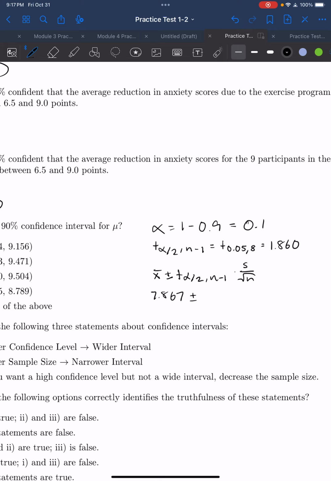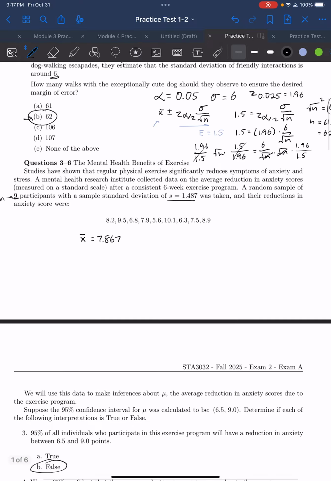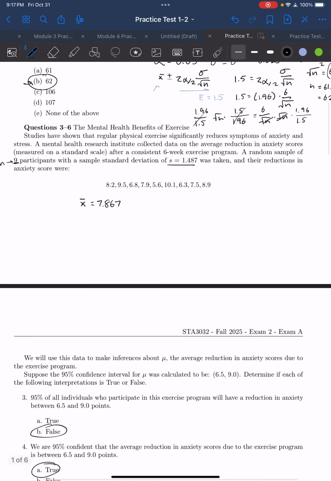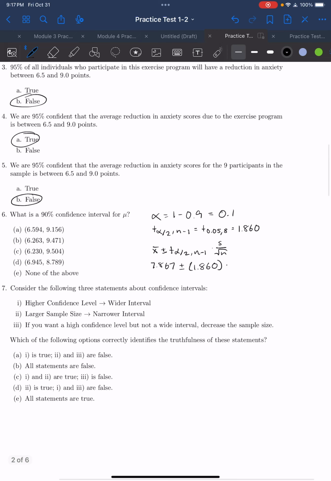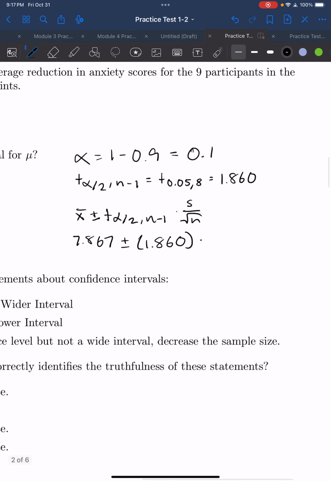Then plus or minus our t value, that's 1.860, times our standard deviation, and that's 1.487. So we have 1.487, and then we have square root of 9.